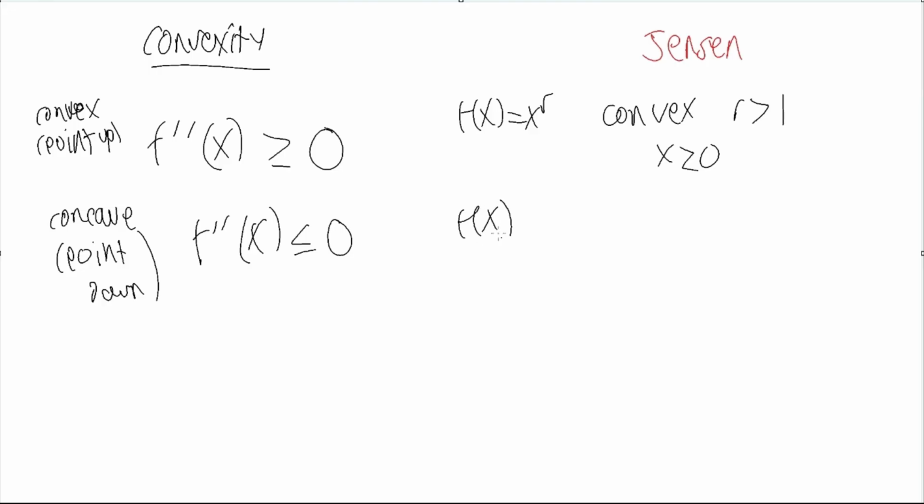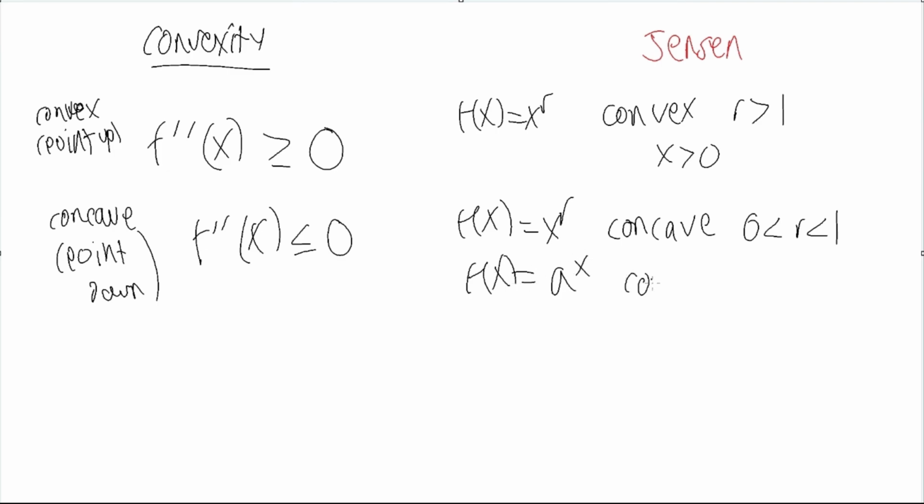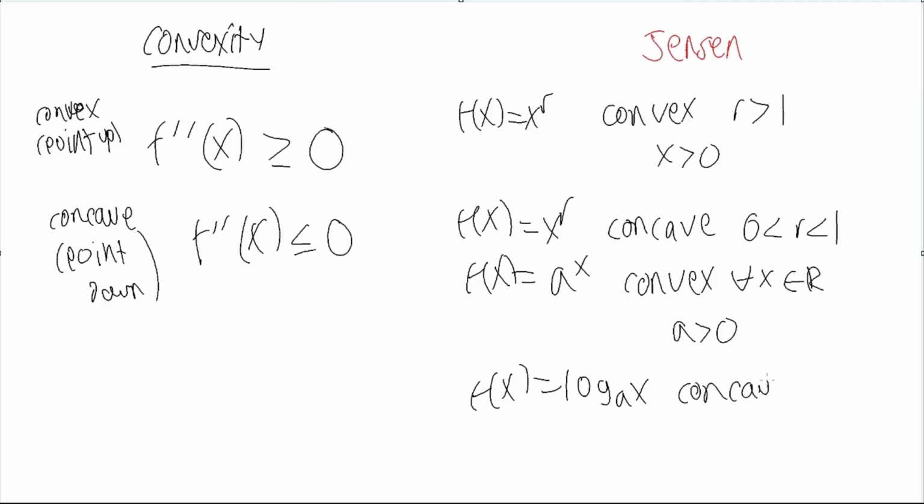And f of x equals x to the r is concave when 0 is less than r is less than 1. And then we have f of x equals a to the x is convex for all x in the real numbers when a is greater than 0. And finally, f of x equals log base a of x is concave for all x greater than 0.